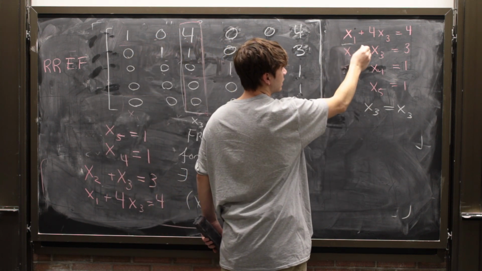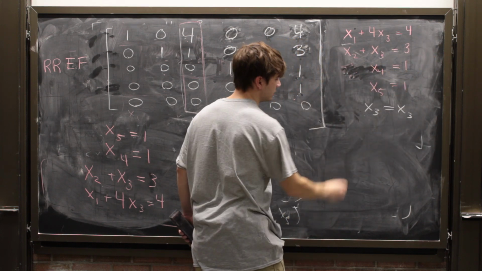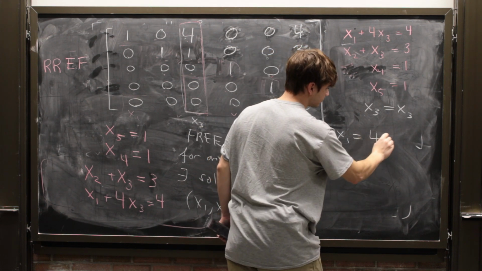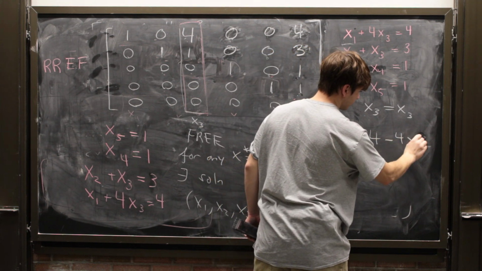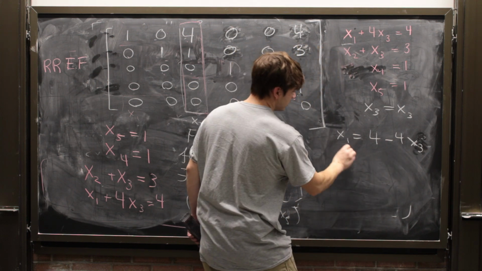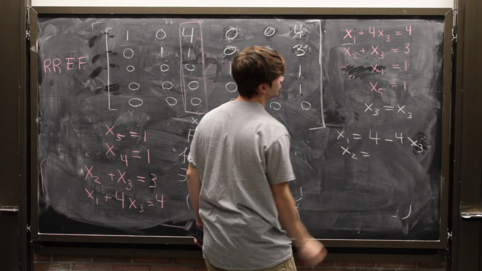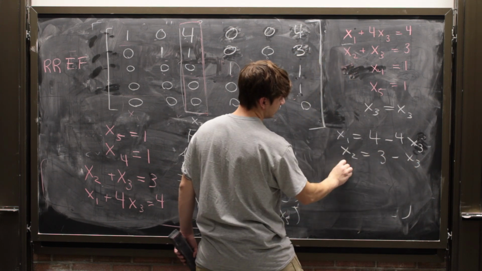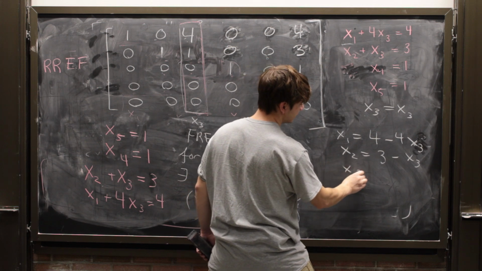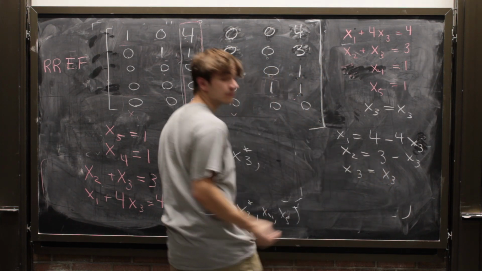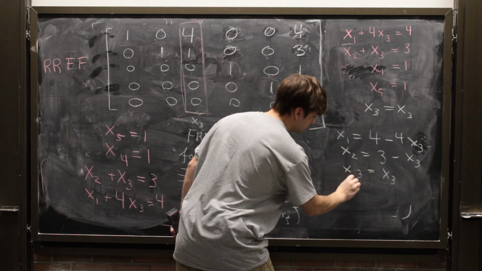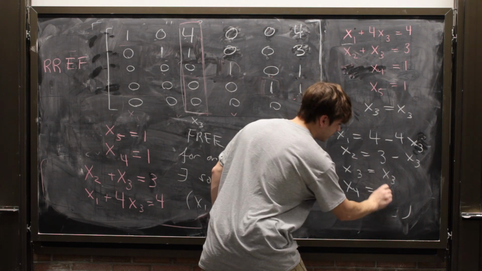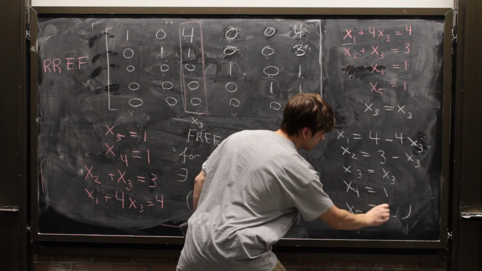Well, I just bring x3 over to the right-hand side. So I write x1 is equal to 4 minus 4x3. x2 is equal to 3 minus x3. x3 is equal to x3. x4 is equal to 1, and x5 is equal to 1.